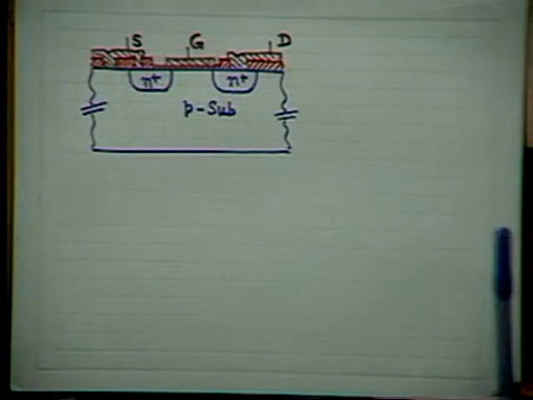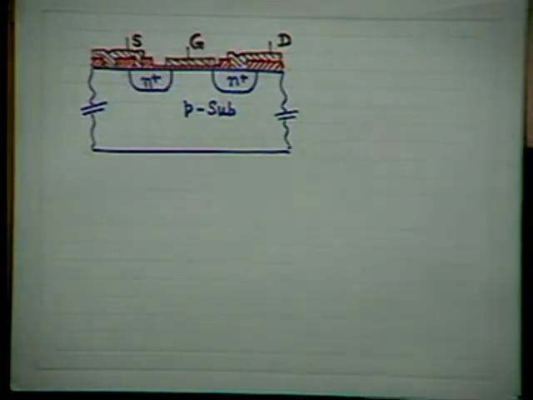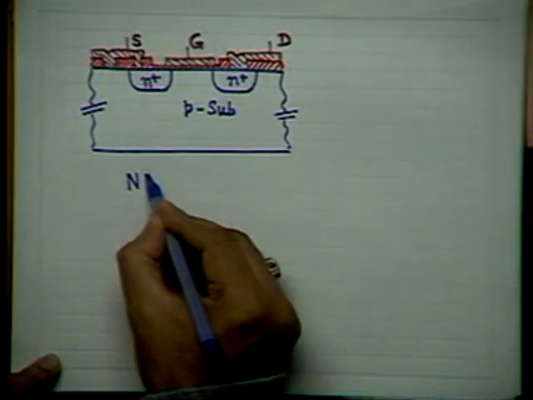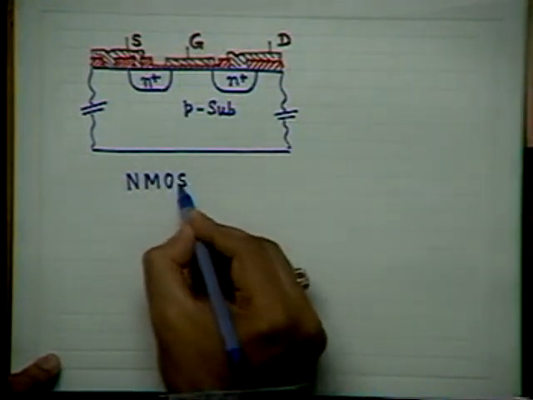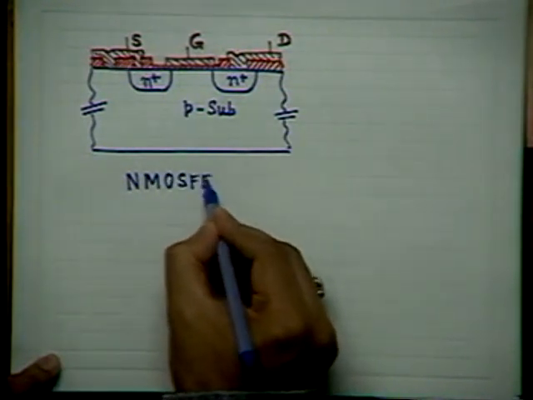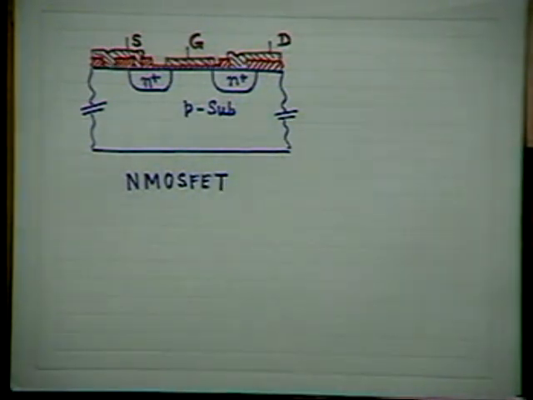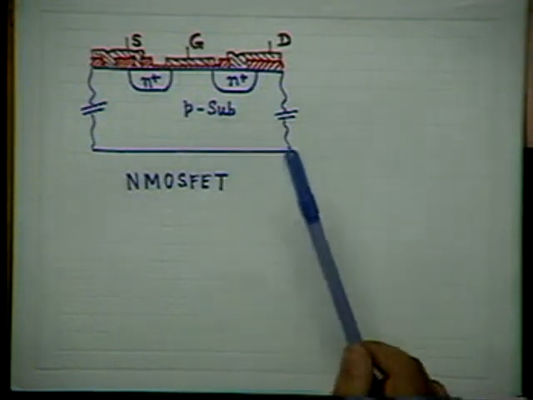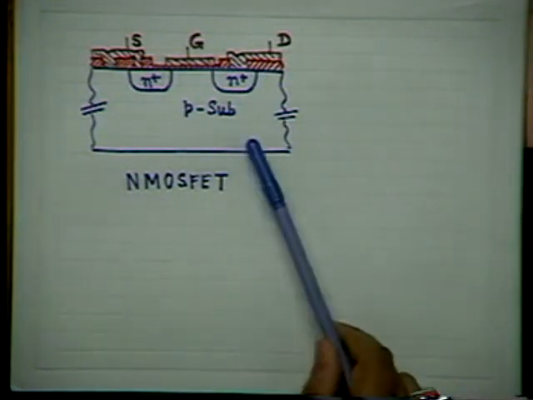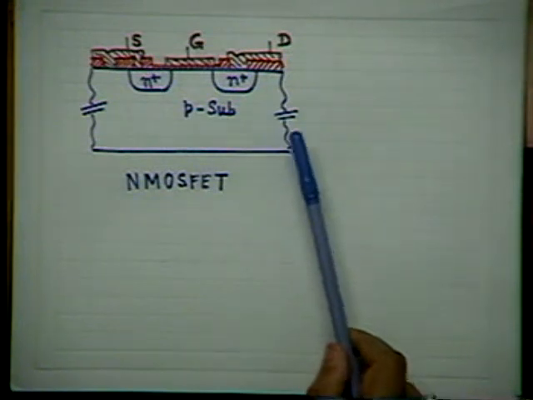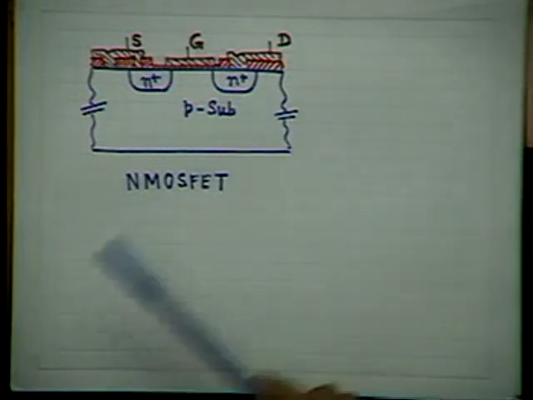So this one is a structure of an N-channel MOSFET, which basically consists of a p-type substrate, and as before, in the BJT also you remember the substrate was p-type.